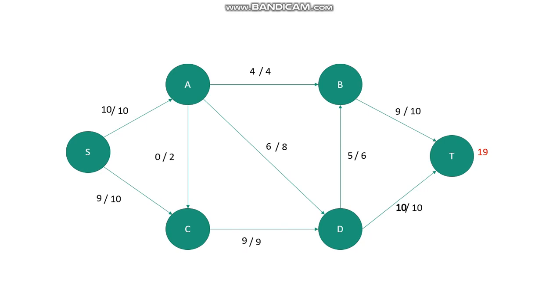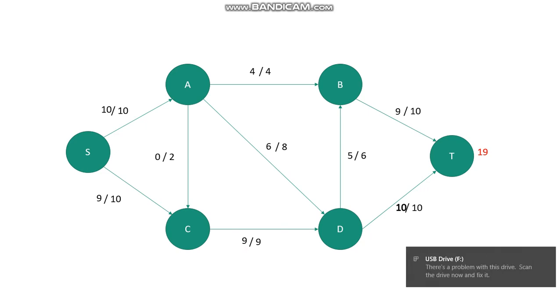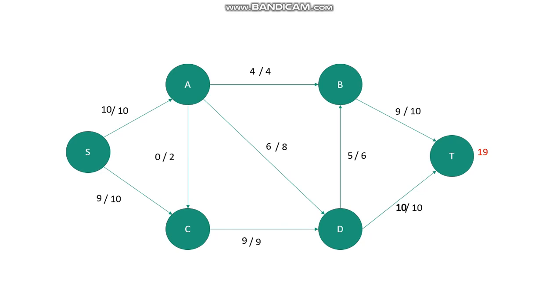We now have a flow value of 19. One more time, let's search for a path. Looking at S to A, we can see the edge is full. Now looking at S to C, we notice it is also full, so we cannot augment the path. Since we cannot find a path from S to T, our augmentation is done, and our final flow value is 19.